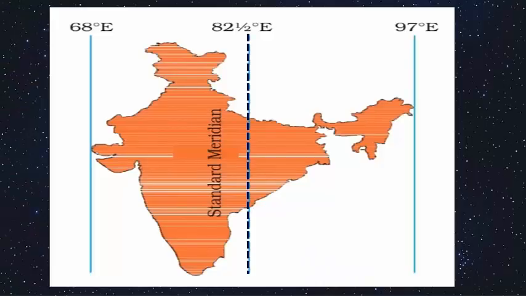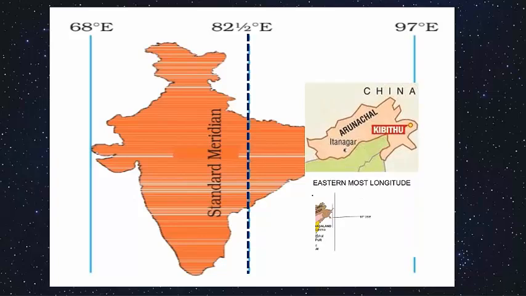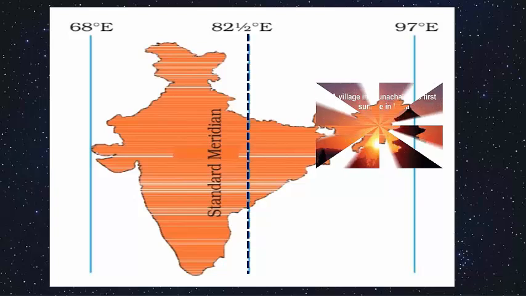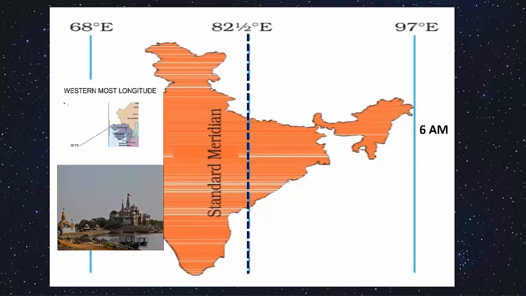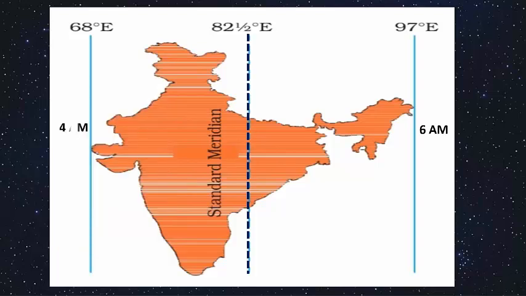So suppose if I take easternmost end of India in Arunachal Pradesh, say there is a sunrise at 6 am. At the same time, on the other end, that is on the western end of India, the time would be 4 am.